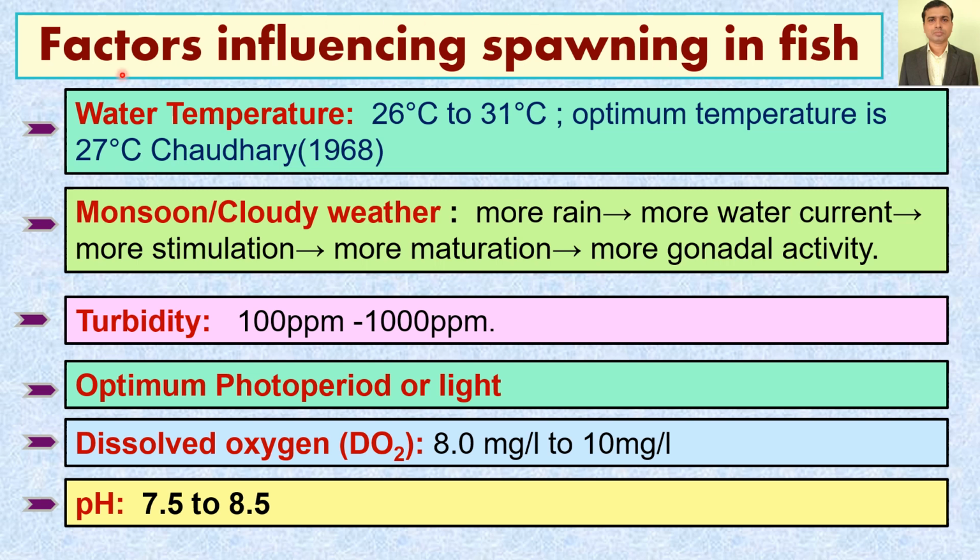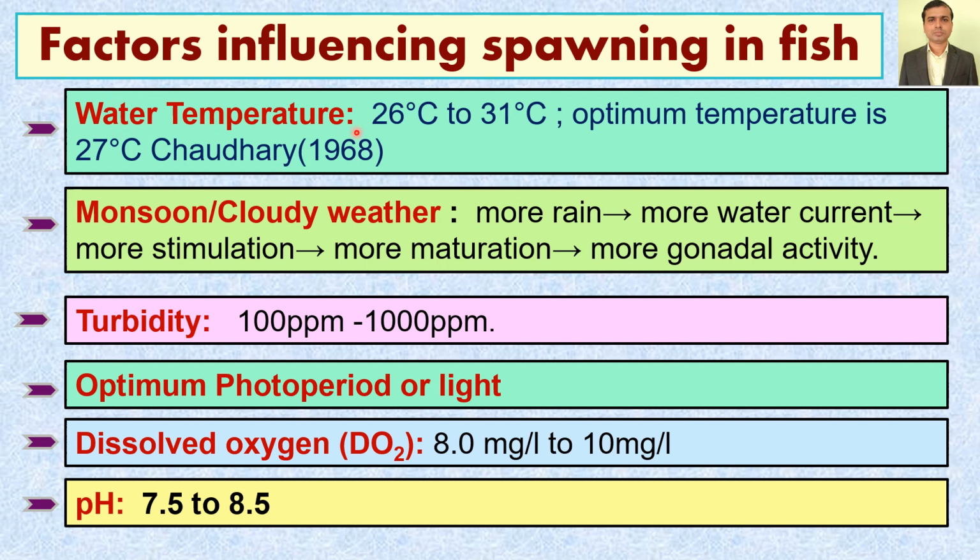Out of the various physicochemical parameters, water temperature, monsoon or cloudy weather, turbidity, optimum photoperiod or light, dissolved oxygen, and pH take a key role in breeding of fish.